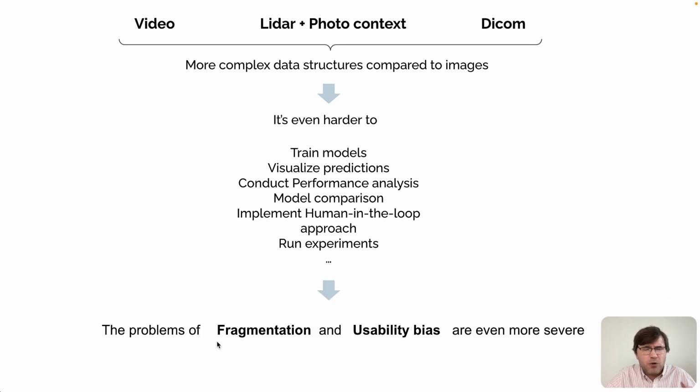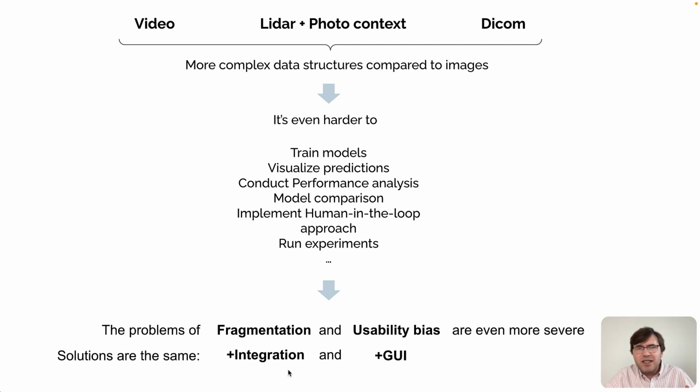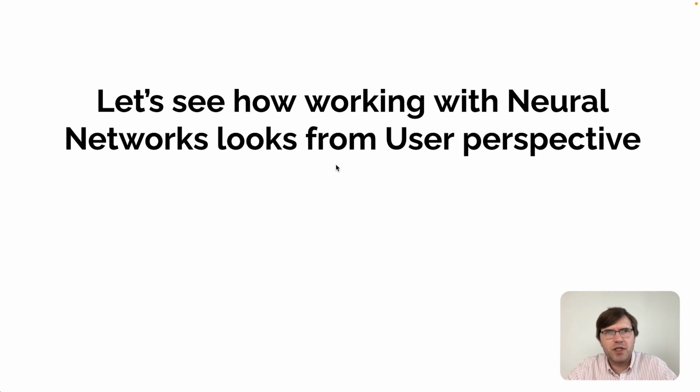As a consequence, the problems of fragmentation and usability bias are even more severe. But the solutions are the same. If we integrate and add a graphical user interface, we will overcome these fragmentation and usability bias problems. That is the way we solve them.